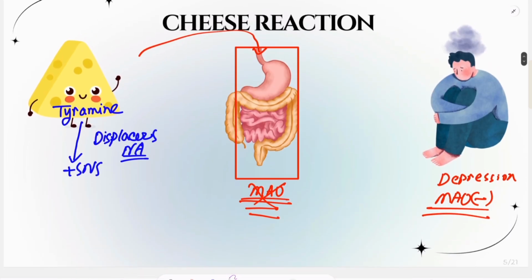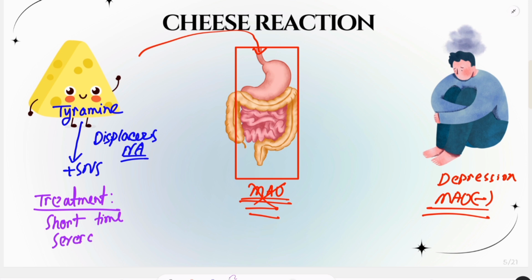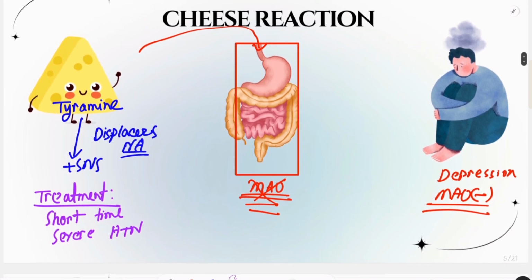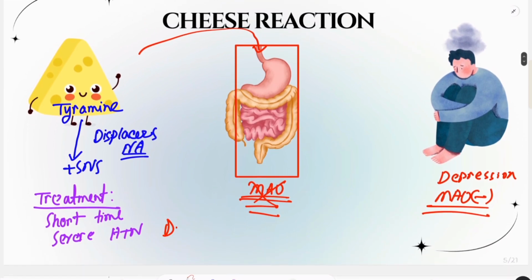So the treatment required here is short time suppression of severe hypertension. And we previously said that for short time and severe hypertension, a reversible non-selective alpha blocker is used, such as phentolamine and tolazoline. So in cheese reaction, the drug of choice is phentolamine or tolazoline.